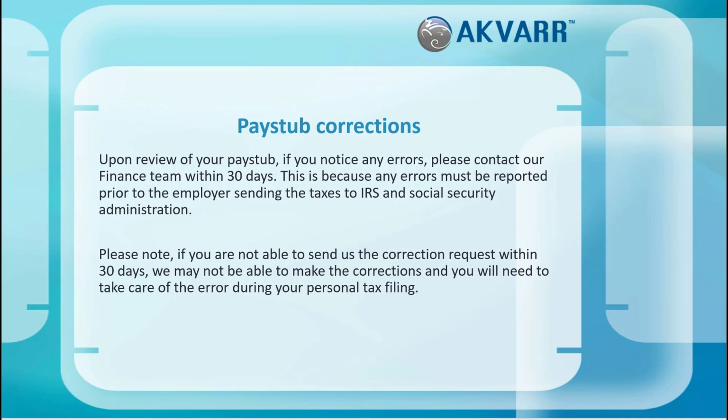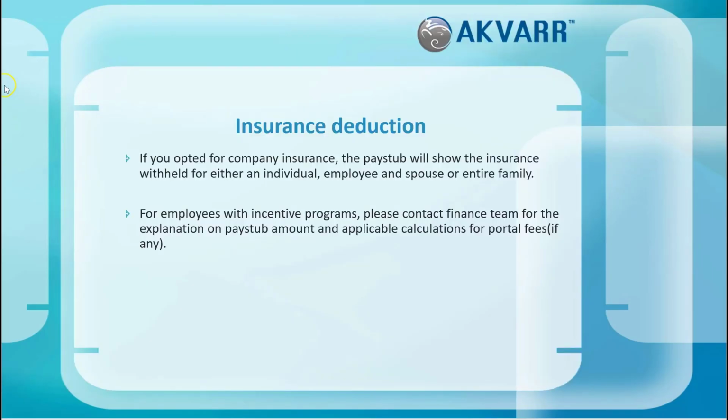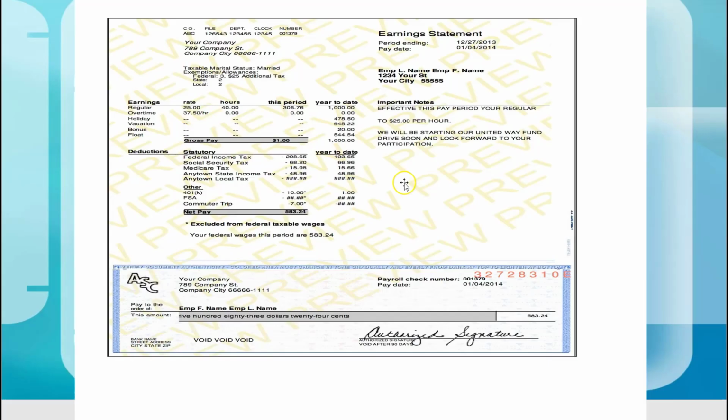For example, you move to a new state and fail to inform, but you informed after 15 days of the pay stub. At least the following pay stub we can catch up and something can be done. But please pay due diligence to your pay stub when it comes to these kinds of tax related questions that you have. Now we'll look at the pay stub.